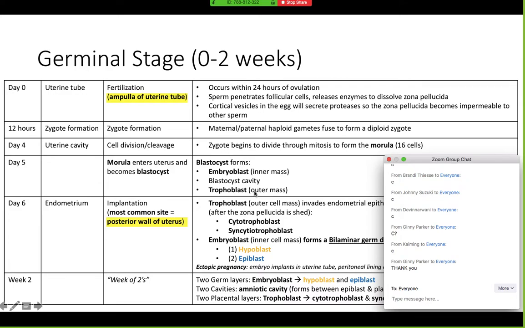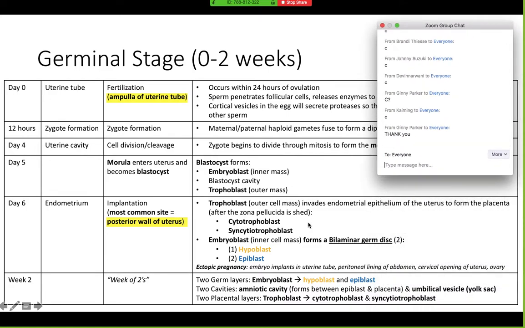The blastocyst forms an embryoblast, which is the inner cell mass that eventually contributes to the embryo or the fetus itself, and the trophoblast, which is the outer cell mass destined for the placenta. Within those two, you have a blastocyst cavity.